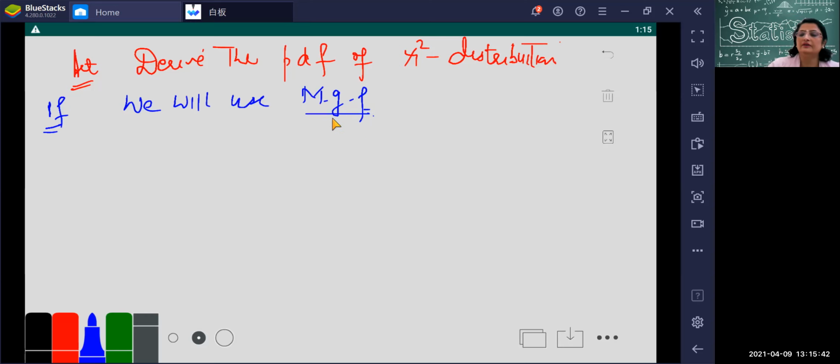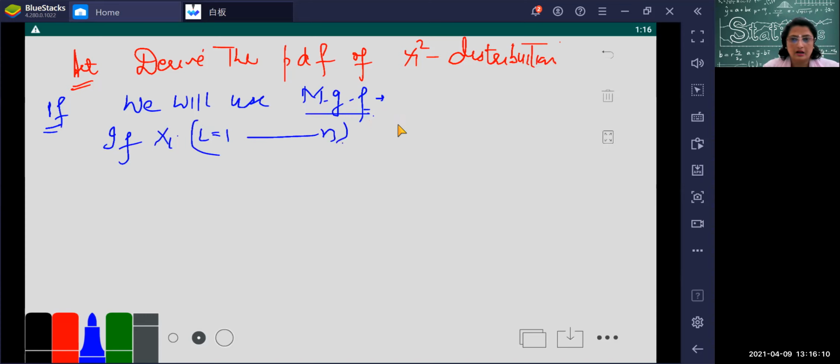So whatever MGF of a distribution we can derive, we can tell which distribution it is following. So the first method we will use is the MGF, the method of moment generating function.